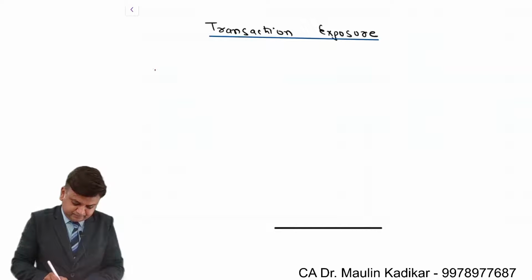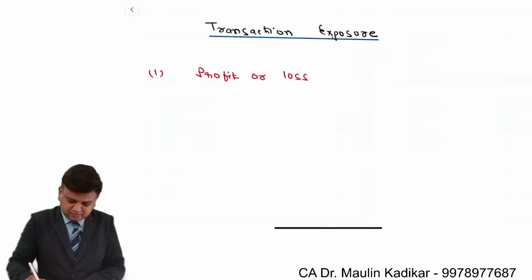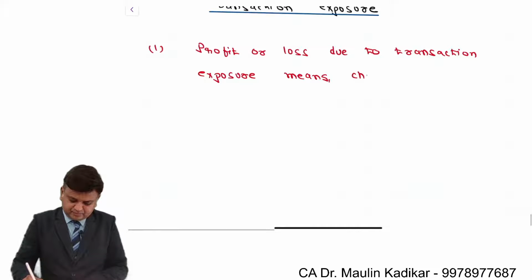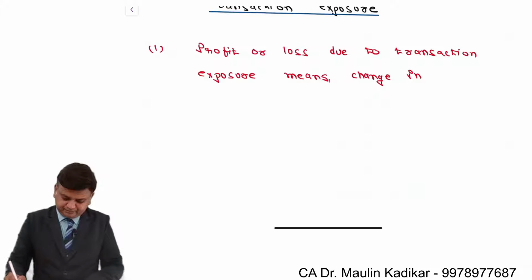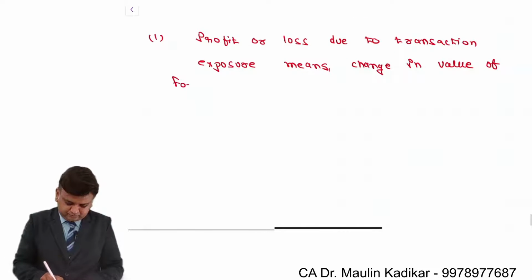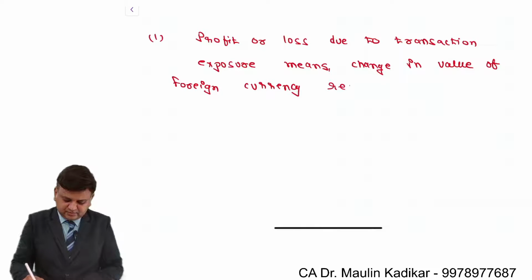Write down first point: profit or loss due to transaction exposure means change in value of foreign currency receivable/payable.